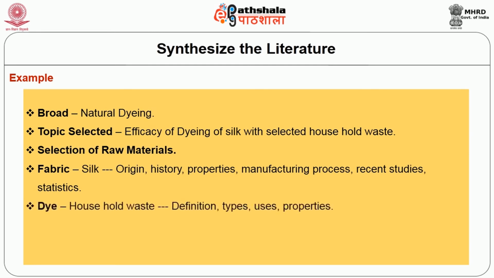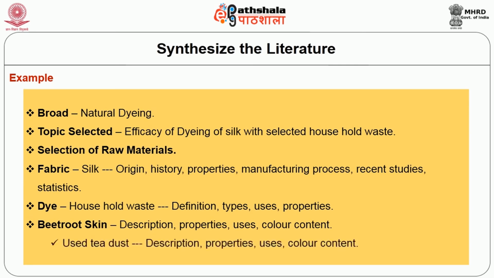The other raw material will be the source for dye, which is household waste, which also can be defined, with types, uses and properties. Under this, we can select two types of household waste, which are beetroot and used tea dust waste. This can be subdivided into description, properties, use and color content.